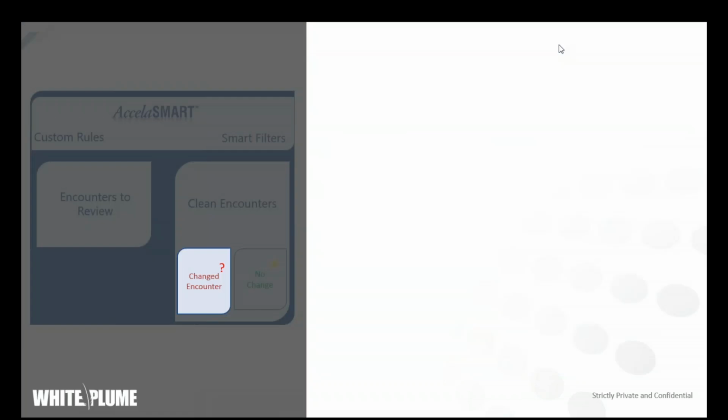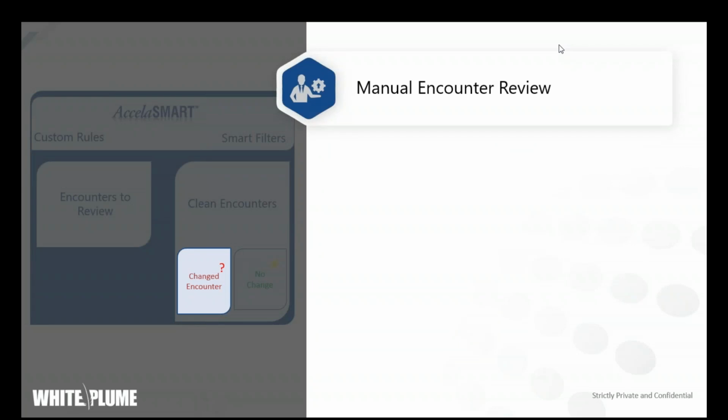So we're going to drill down and look at that, kind of spotlight that portion of the workflow. So when we have manual encounter review, what that means is there was no validation message, but the AccelaSMART user is making a change to that encounter anyway. When we compare the pre-encounter to the post-encounter, they're making changes to that.